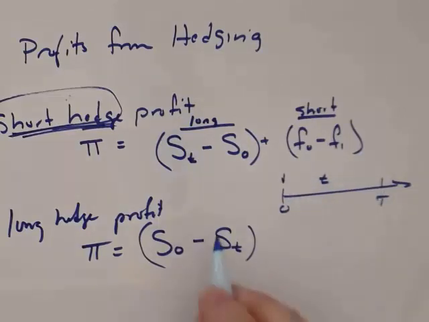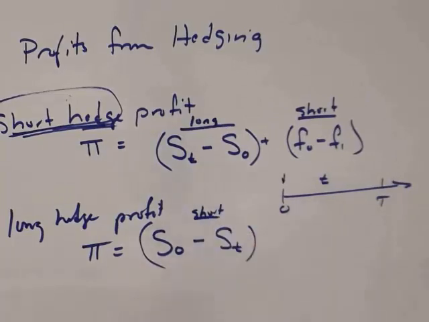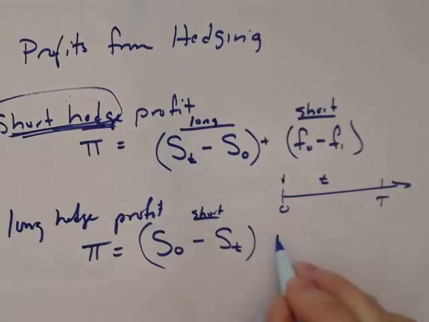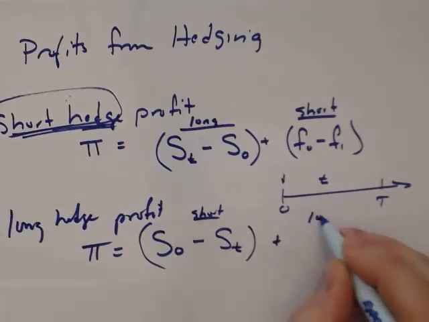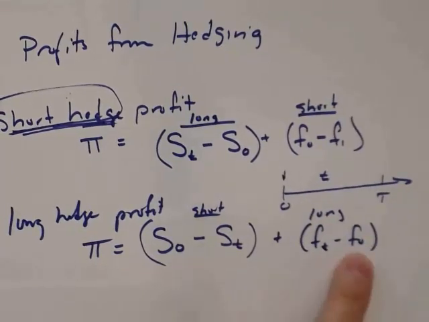So somehow you're short the spot inventory, for some reason, and then you take a long hedge, which is FT minus F0.